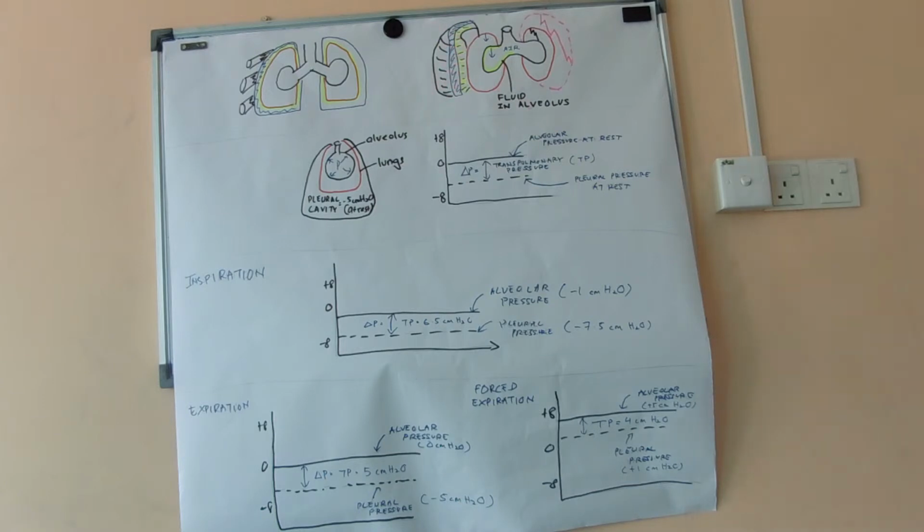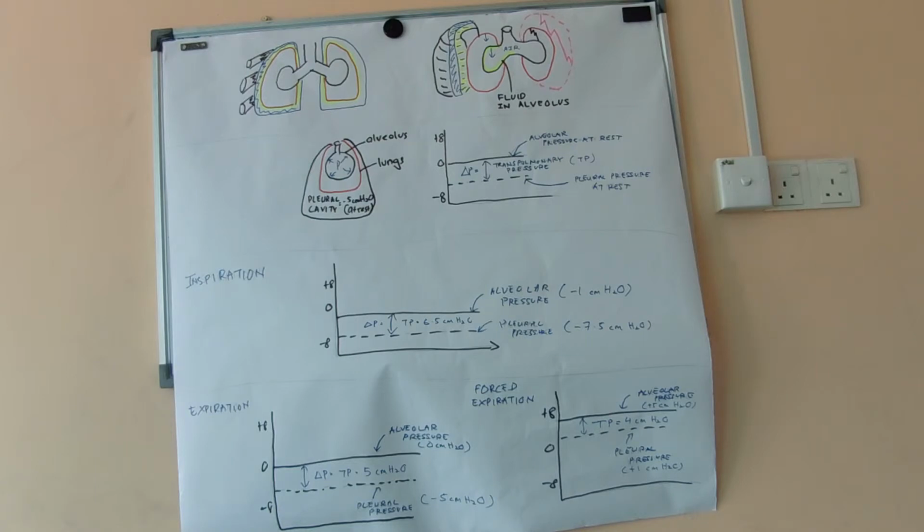Then only can your lungs expand, volume increases, pressure decreases, and air can come in. Those are the two forces that act on the lung, the inward force as well as the outward force.